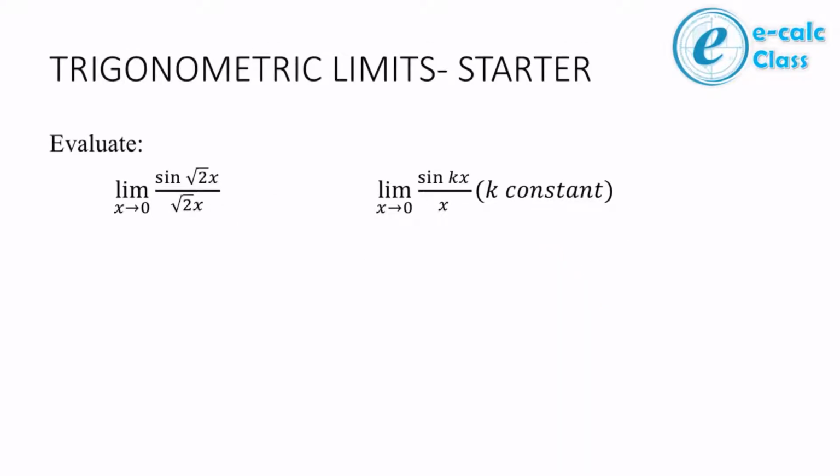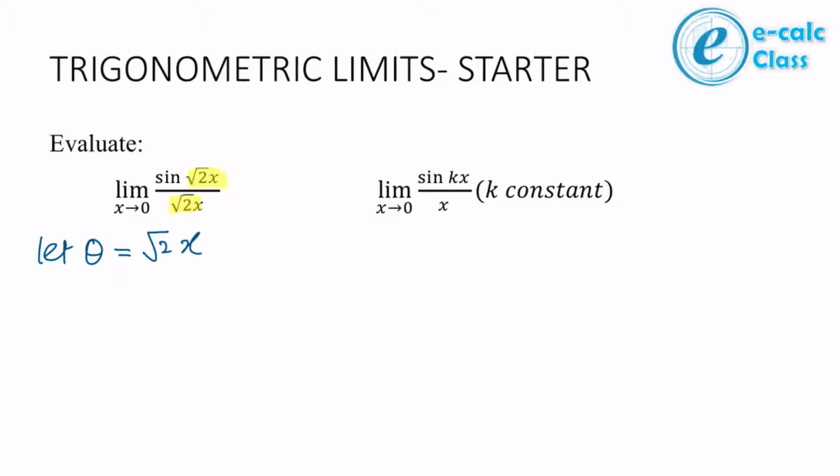So first question is very simple. As you can see, the angle inside our sine function and our denominator are actually the same. So you just go ahead and write, we let theta be square root of 2x. Then what happened?